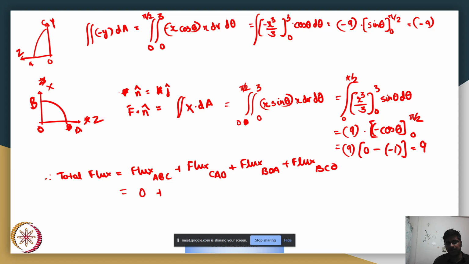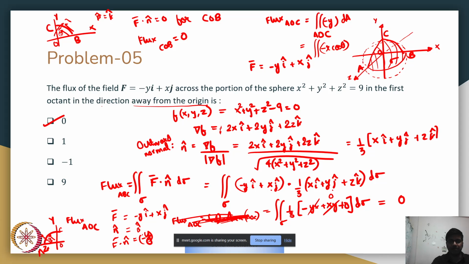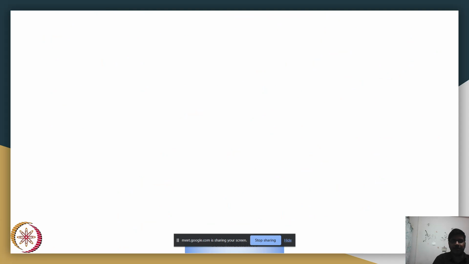This is 0, this is minus 9, this is 9, this is also 0. So my overall flux is 0. But rather than going through all this computation, we have learned a better way to do this, through the divergence theorem.